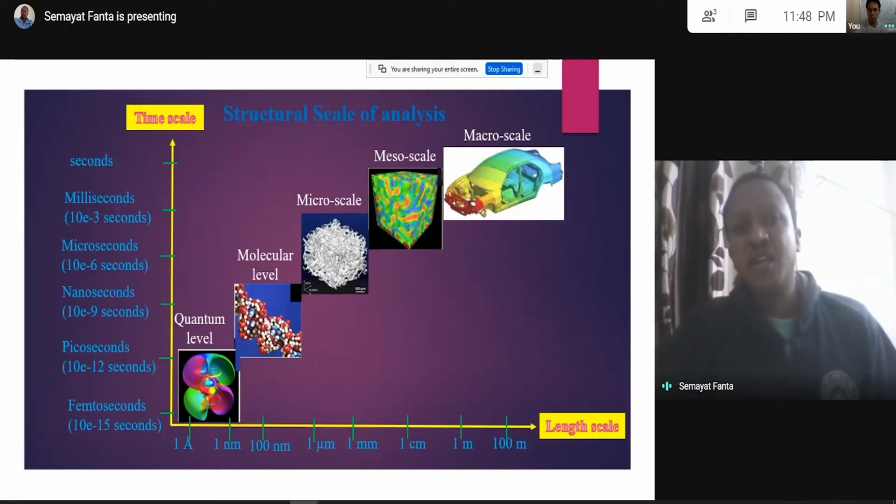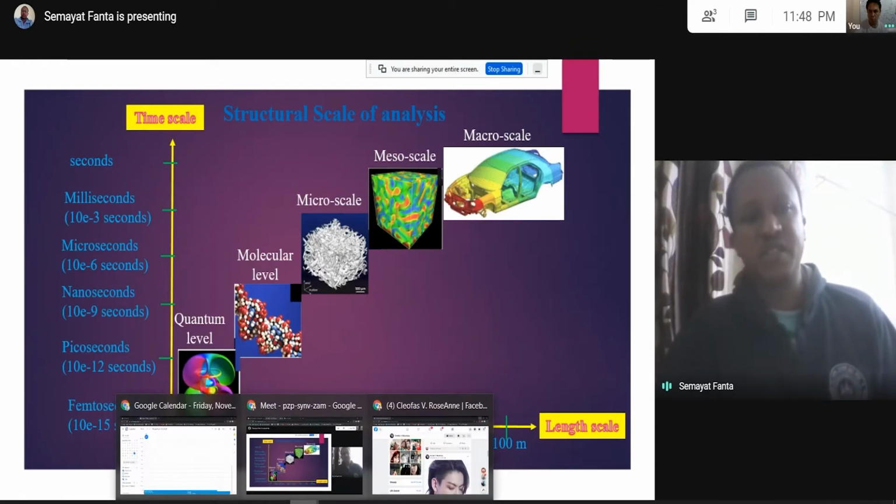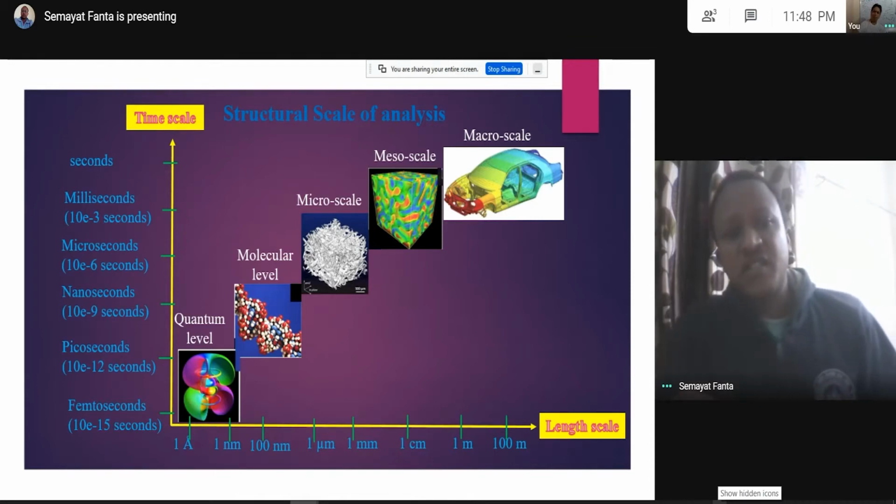When we talk about length scale, we start from 1 angstrom to some hundreds of meters. And when we categorize in time frame, it starts from some femtoseconds to some seconds, minutes, hours, and so on. So most of the time, structural analysis takes place within this frame of analysis.